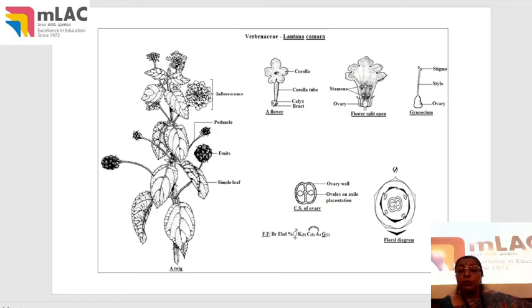Each flower shows a tubular condition, bilipped flowers, and when the flower is slit open, we find there are 4 stamens, and the gynoecium shows a terminal style with bilobed stigma, and the cross section of the ovary shows bicarpellary, bilocular with ovules on axile placentation.